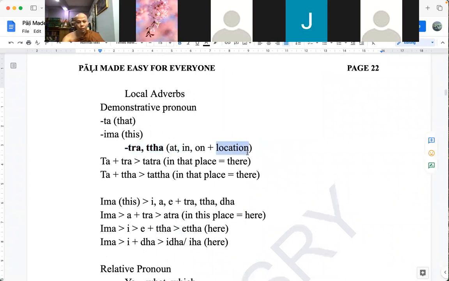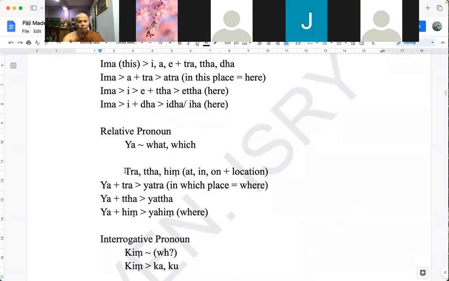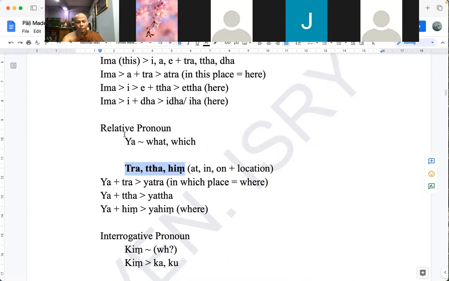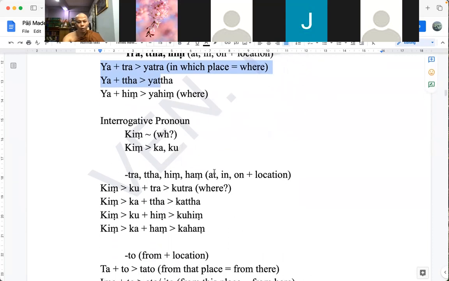For the relative pronoun, we use dra, ta, and ha for the location. So yatra, in which place, where; yata, where; yaha, where. For the interrogative pronoun, for the location, we use tra, ta, ha, and ham.